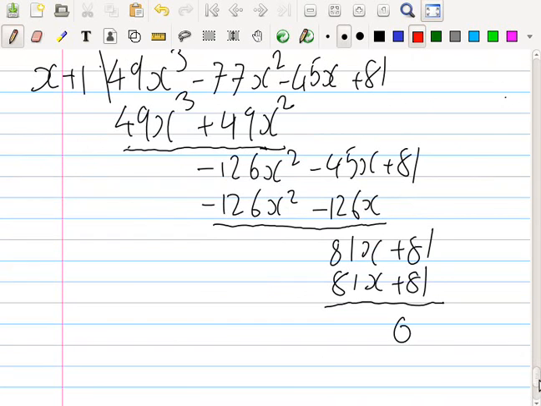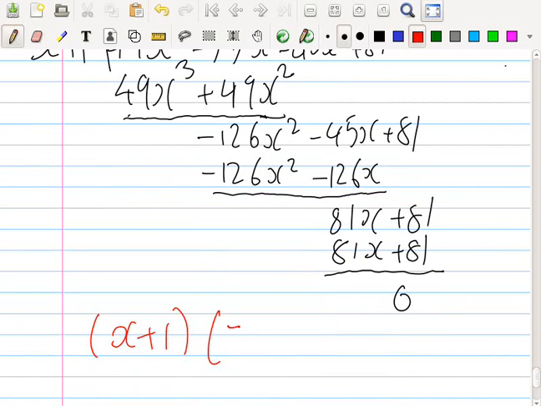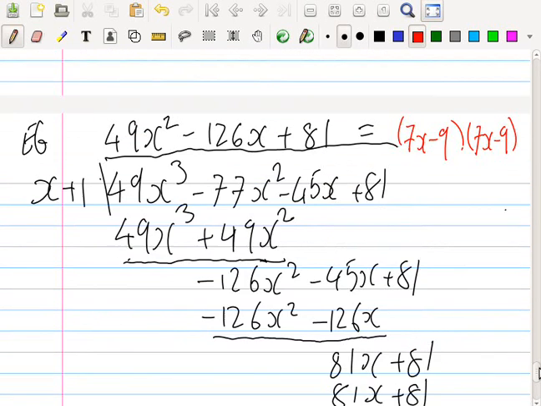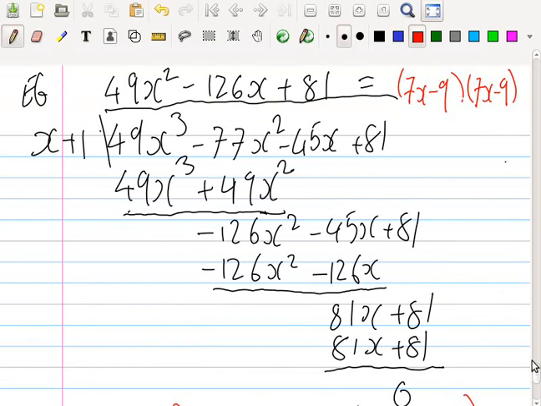So the factors are x plus 1, and the other two are 7x minus 9 and 7x minus 9. They're the three factors. The first one I give you, and the other two you get from your answer after long division.